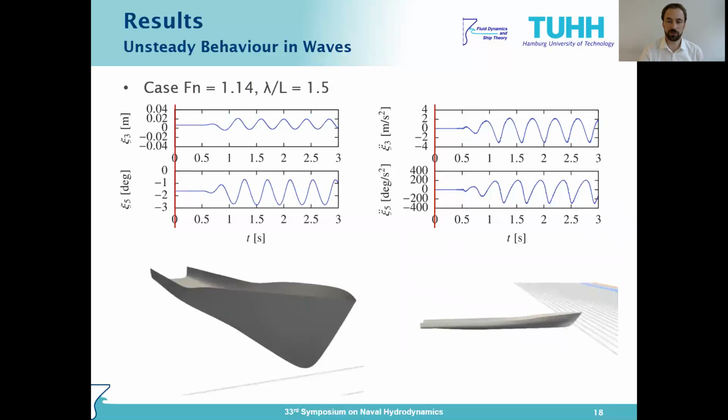I will now move on to the case with free heave and pitch motions, and I will first show a video of the simulation showing the hull and the computed free surface in several cross planes. The case presented here corresponds to Froude number 1.14 and an incoming wavelength lambda by the ship length L equal to 1.5.